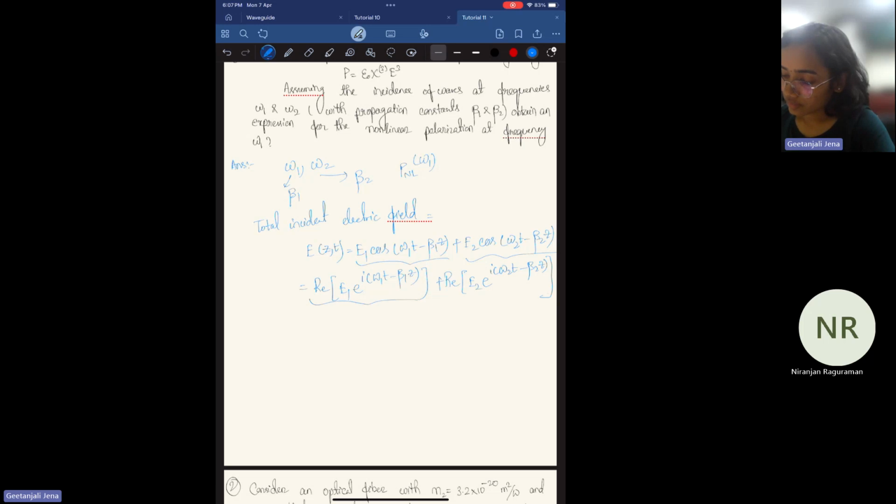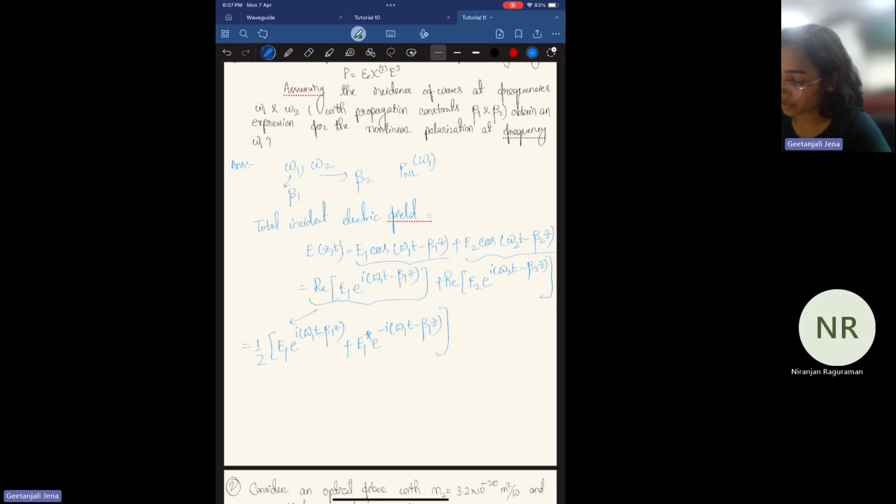This form is also equivalent to half of E1 e to the power i(omega 1 t minus beta 1 z) plus E1 star e to the power minus i(omega 1 t minus beta 1 z).